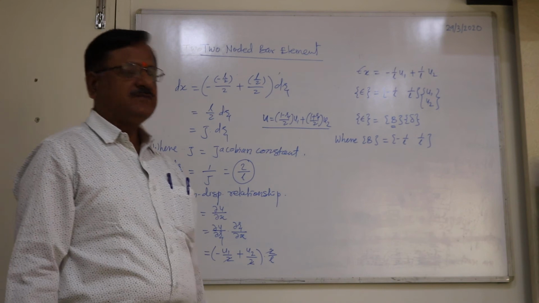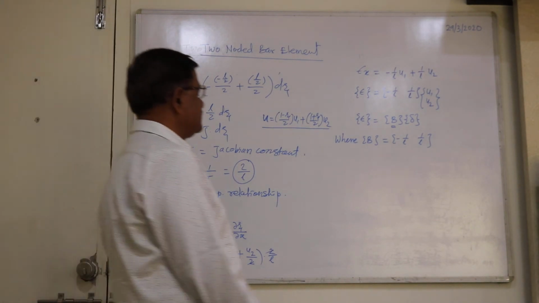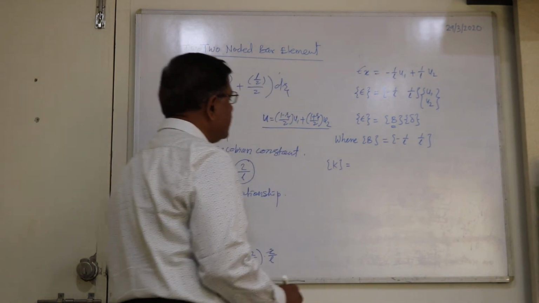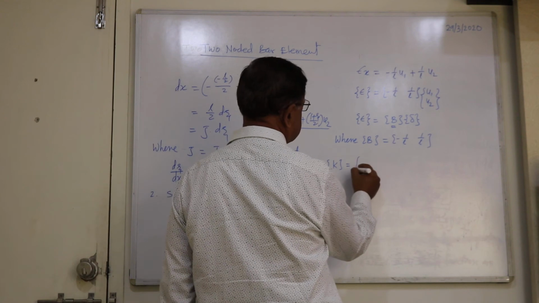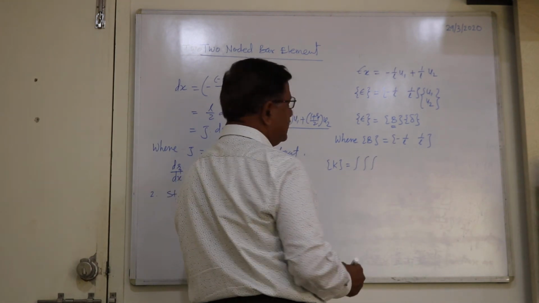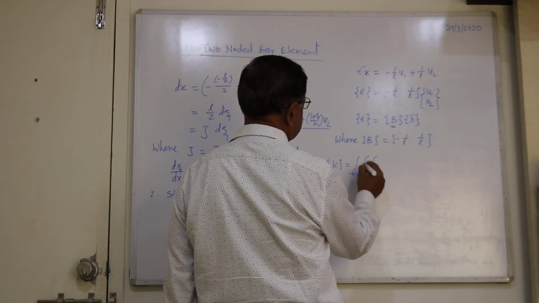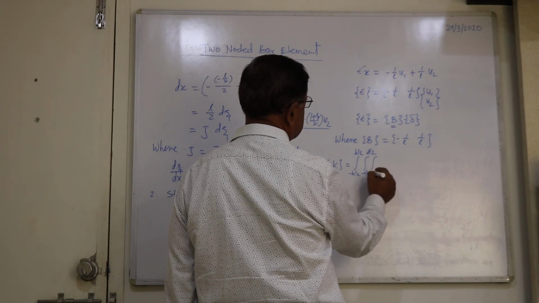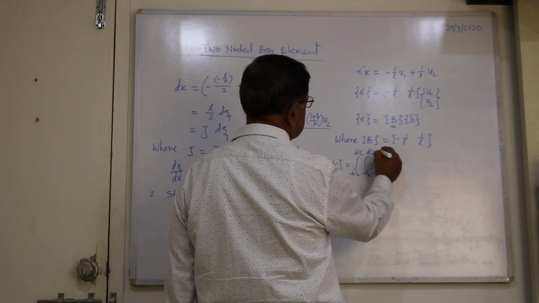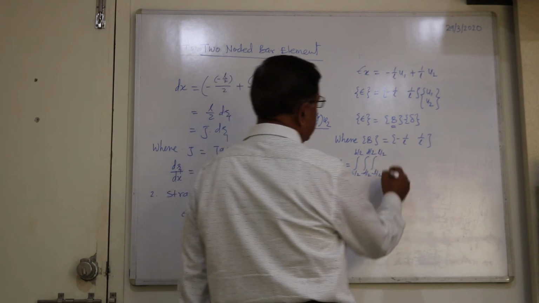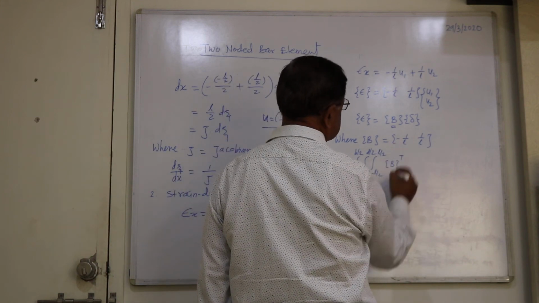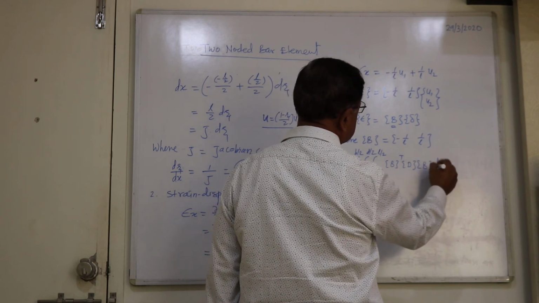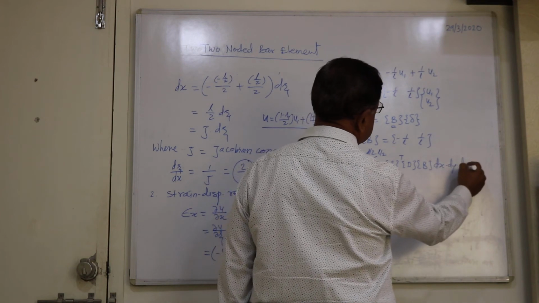So once we know the strain displacement matrix, the element stiffness matrix K, we know, is the triple integration from minus b by 2 to b by 2, minus d by 2 to d by 2, and minus L by 2 to L by 2, of B transpose into D into B into dx dy dz.